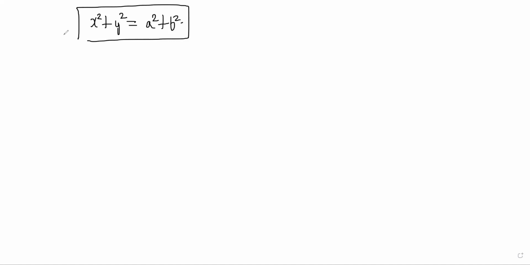You should know first of all the equation of director circle for an ellipse. How do you derive this? Basically, it should be the locus of point of intersection of perpendicular tangents to an ellipse, right?